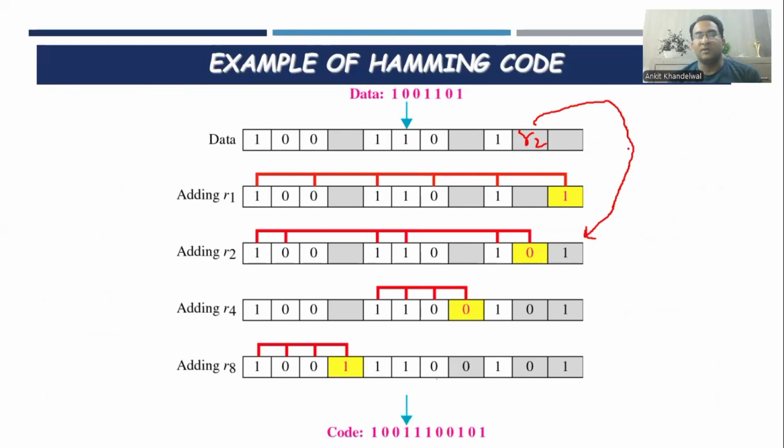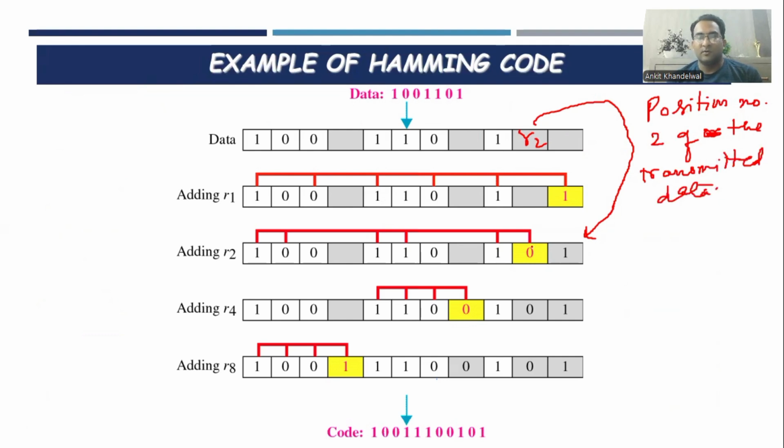R2 is at position number 2 of the transmitted data.